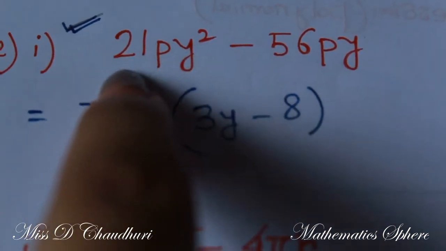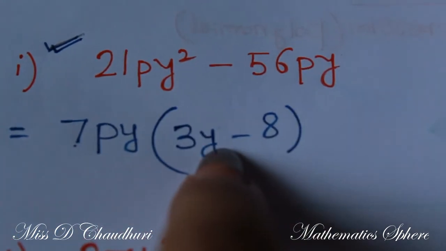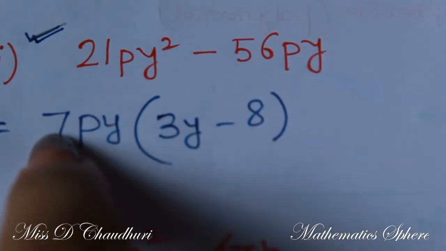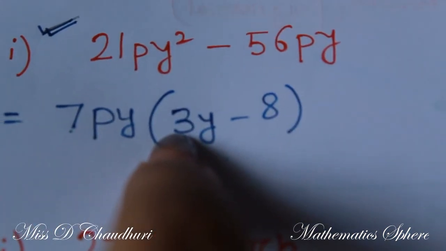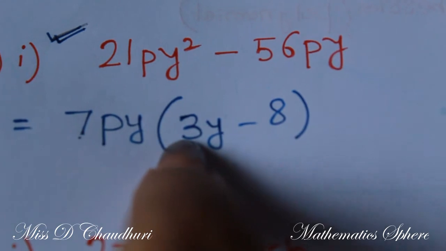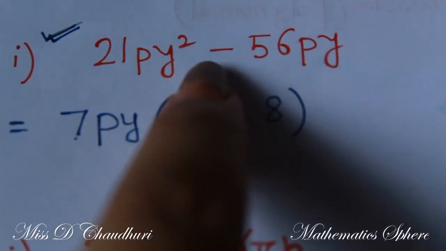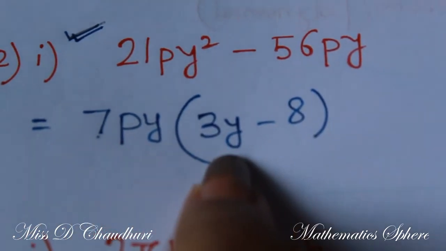Now when you take out 7py, in the bracket you will have to write the remaining factors. From the first term, what is remaining? When you are taking out 7, 3 sevens are 21, so 3 will remain, because you will have to think in terms of multiplication. Now p is already in common, no need to take. In y square, one y is there, so another y you will have to write here.